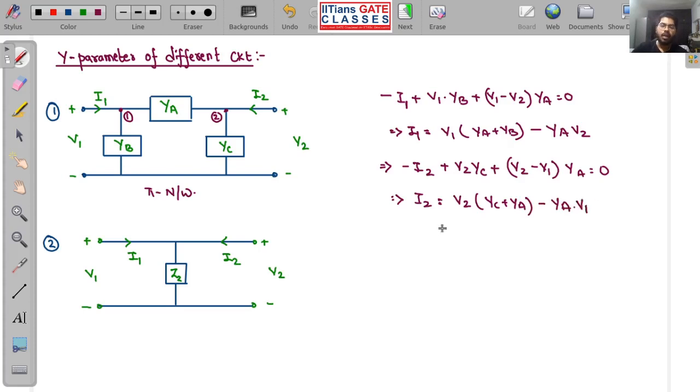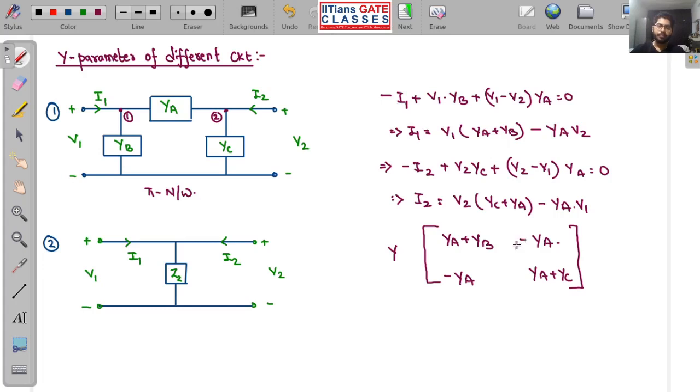Now if I write the Y parameters for this pi network, it will be YA plus YB, minus YA, again minus YA, and YA plus YC. So you can see that it is quite similar to the T network in the Z parameter case, but we have a negative sign over here.